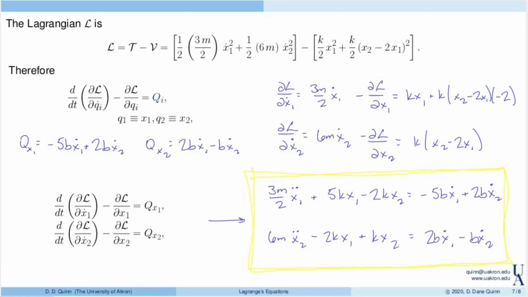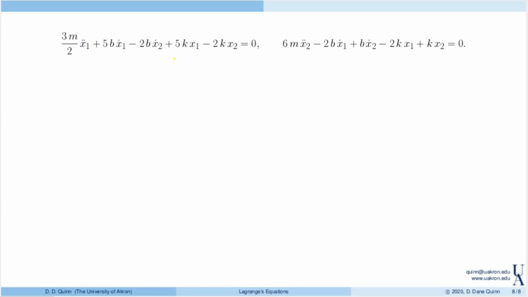But let's go ahead and simplify these and write them in matrix form. So here they are again. This was the equation from x1, and notice that I moved these damping terms over to the left side. And this is the equation for x2. Again, I moved these damping terms over to the left side.